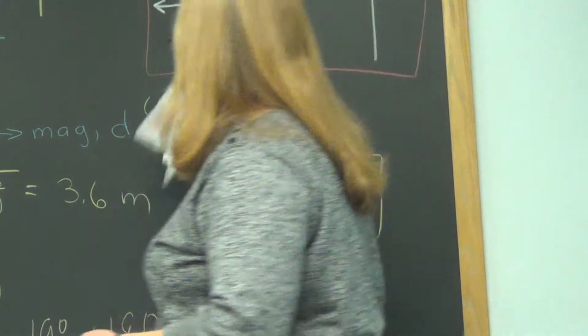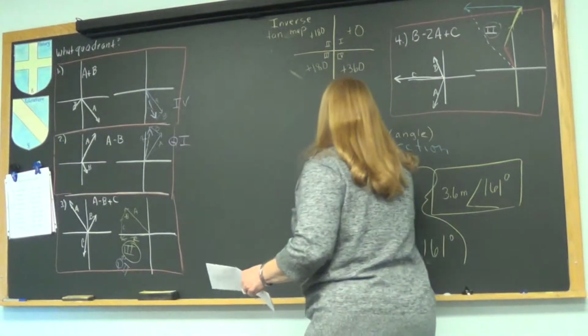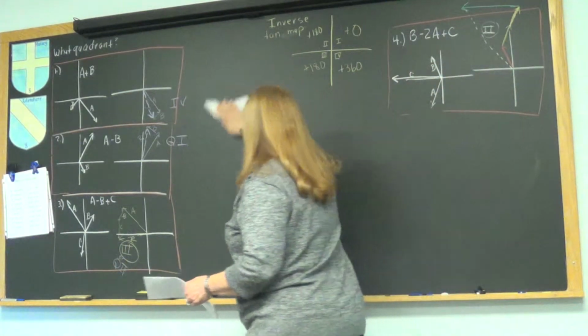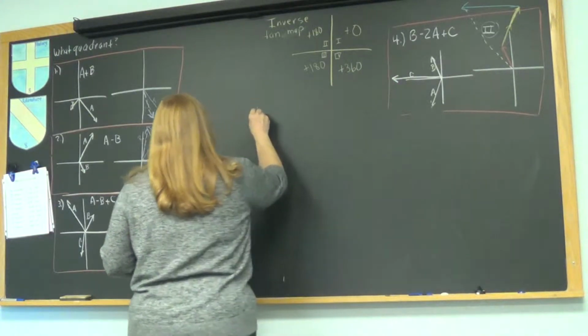All right, let's do one more, and then I'll give you some classwork to do. So get your questions answered. I'll leave the inverse tan map up because we'll need it. Draw yourself a vector.